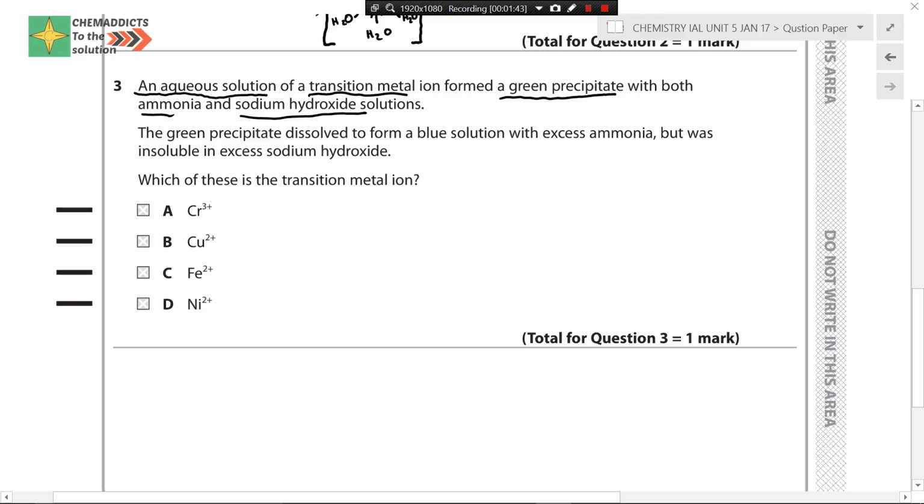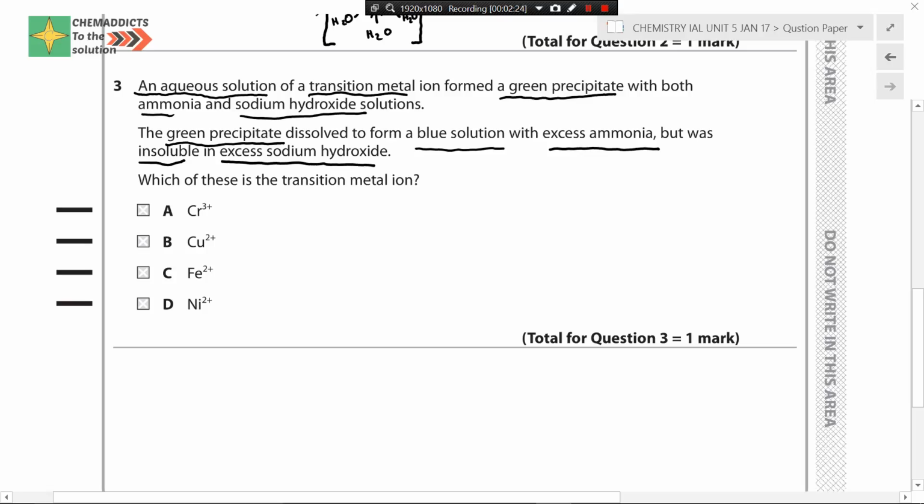Then the green precipitate dissolved to form a blue solution with excess ammonia but was insoluble with excess sodium hydroxide. Okay, got it. Now which of these is the transition metal ion?